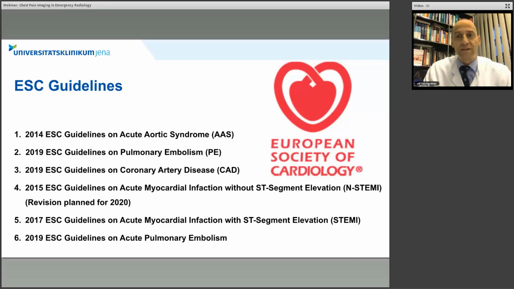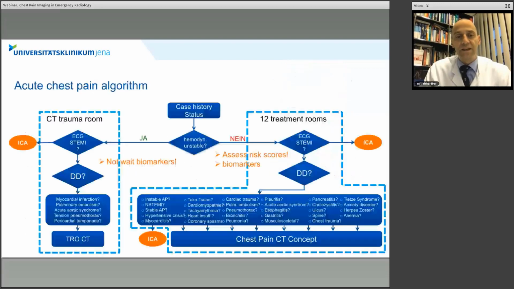Not all guidelines request imaging so far, but definitely in some situations you have to know when to use what. So this is what came out after we looked at the guidelines and withdrew the information which is important for us in the clinical algorithms to get to the appropriate CT algorithm.